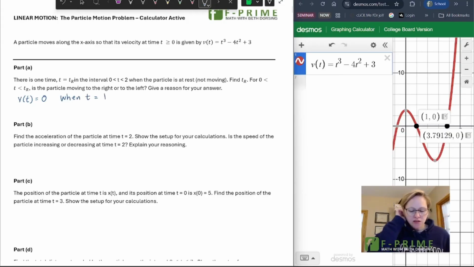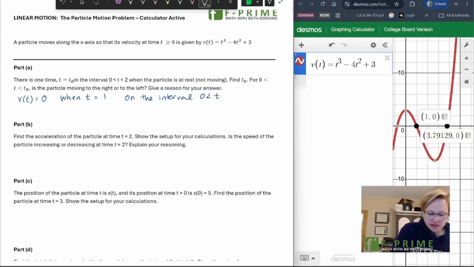Now, it says for the interval, so on the interval, 0 is less than t is less than 1. So remember, t sub r is equal to 1. That's what we're saying is our answer. So on this interval, we want to know, up until that point, what direction are we moving?